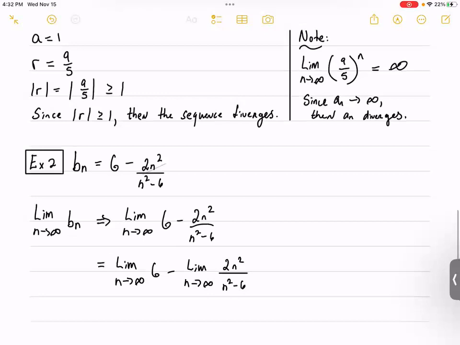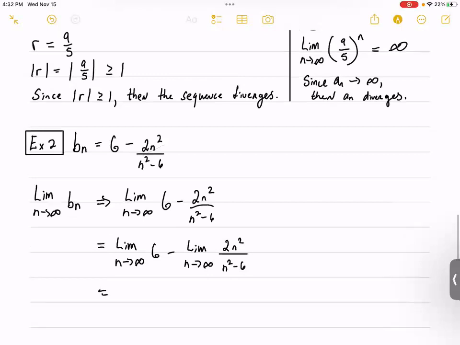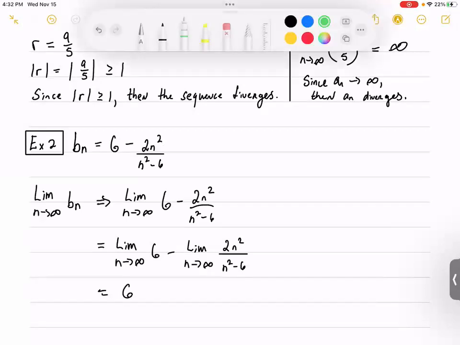Now, what do you think will be the limit as n approaches infinity of the number 6? That's going to be 6. If I look at the limit as n approaches infinity of 2n squared over n squared minus 6, that limit should be approaching what number? That number should be approaching 2. How can I tell? Since the powers are the same, you take the ratio of their leading coefficients.